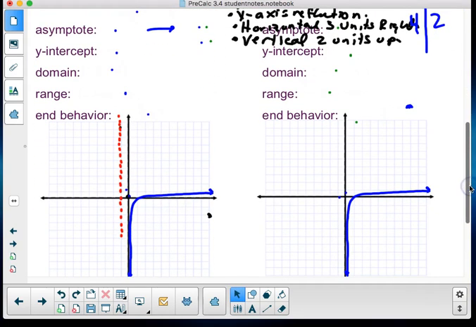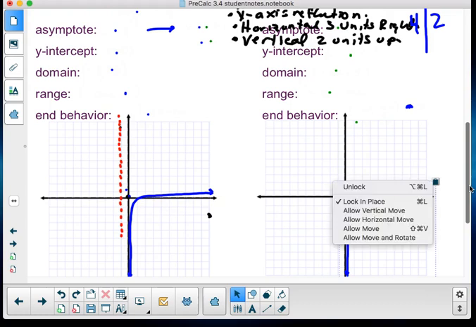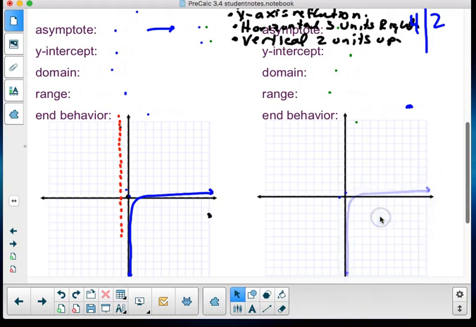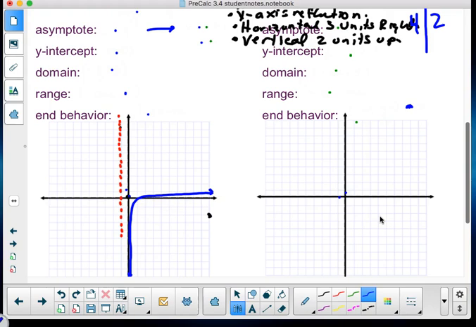So this is my function going across. We're going to get rid of that. We're going to unlock this. This is not my parent function that I'm worrying about. Okay. When I'm looking at this, I'm interested in that parent function. So I've got my 1, 0. I've got my 1/2, negative 1.